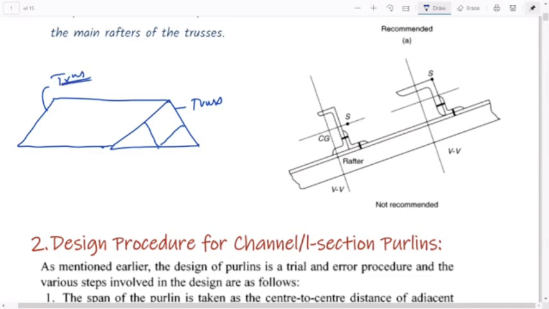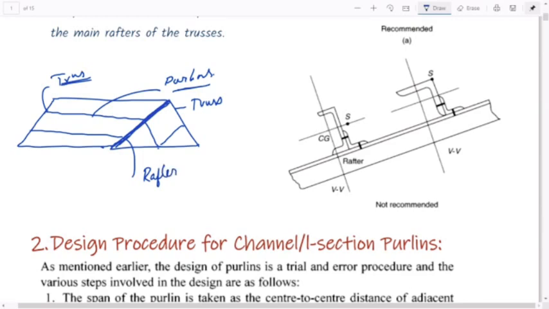In an industrial building, if you take, there would be a number of trusses, and there are going to be some horizontal members that are passing from one truss to another, and these are nothing but purlins. And these here which are inclined are nothing but rafters.